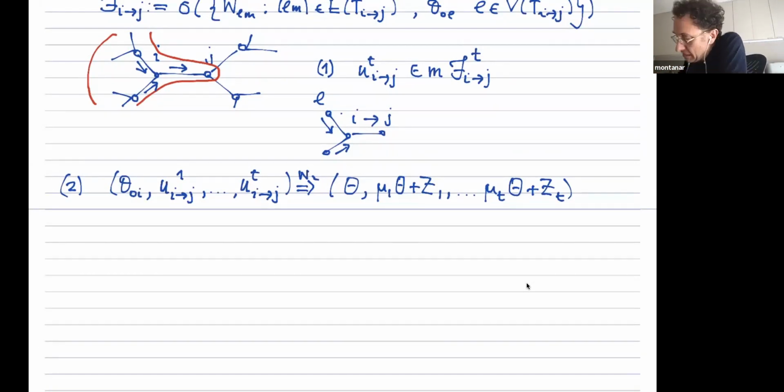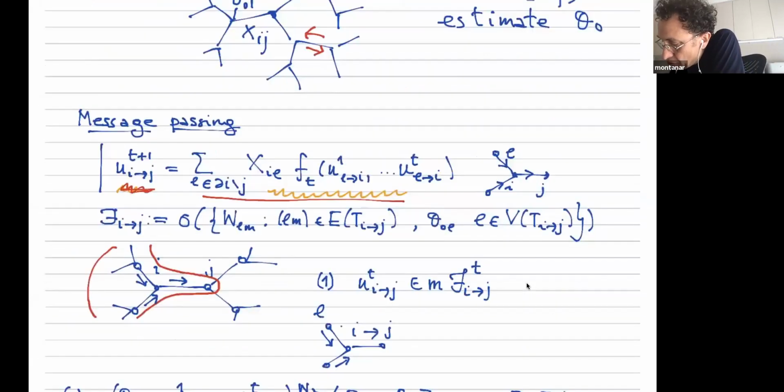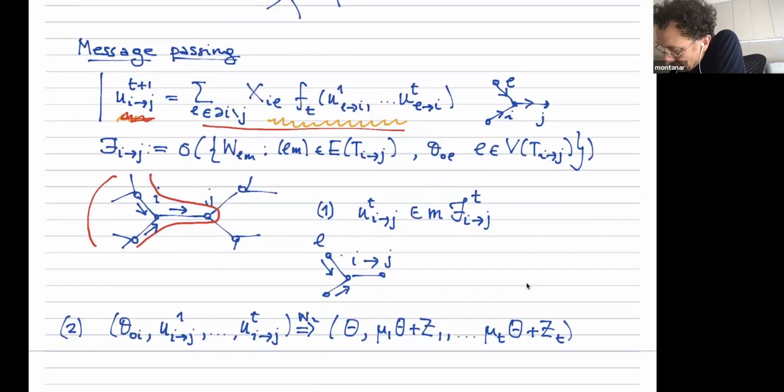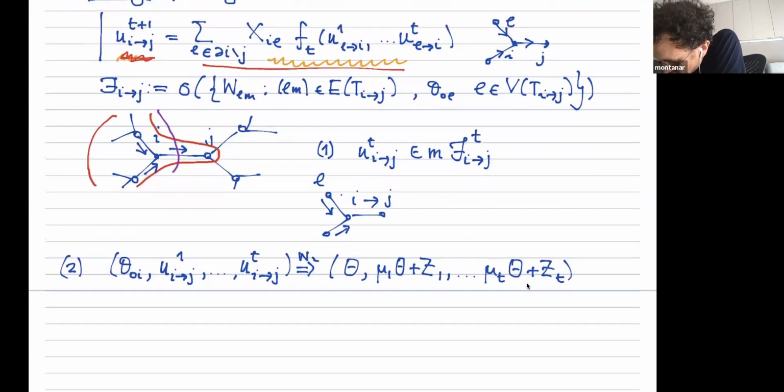So I hope this didn't create confusion, but the basic reason is what I said before: the interpretation of the state evolution is that X is independent of F, and here it is the same. Really, the way I define T_{ij} actually shouldn't include that edge. T_{ij} should be defined this way. They shouldn't include this edge.